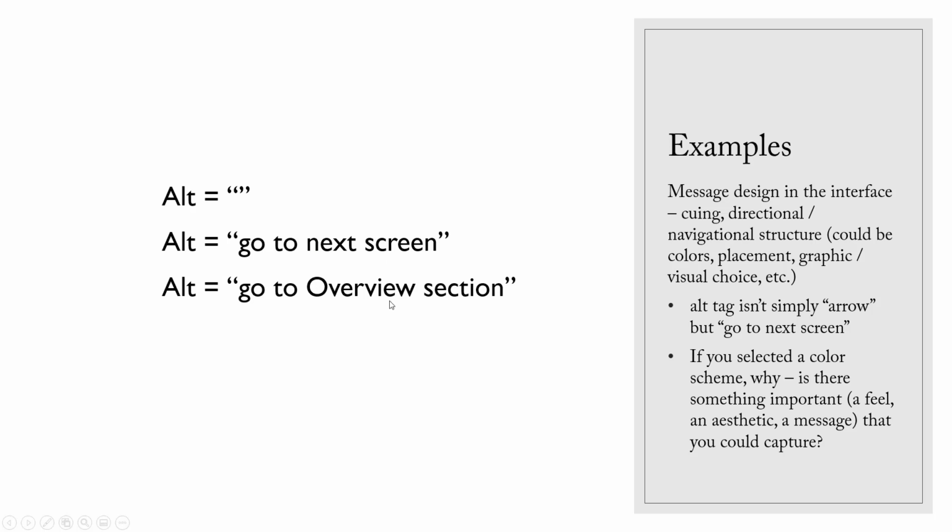If the next screen is the overview section, then obviously the last alt tag here really helps the learner orient and cognitively organize the content in their mind. It helps them develop a necessary schema. So again, it's not just accessibility to, oh, this is what this image does, but we're using these accessibility features to help facilitate learning and cognition and knowledge organization and all of that good stuff.